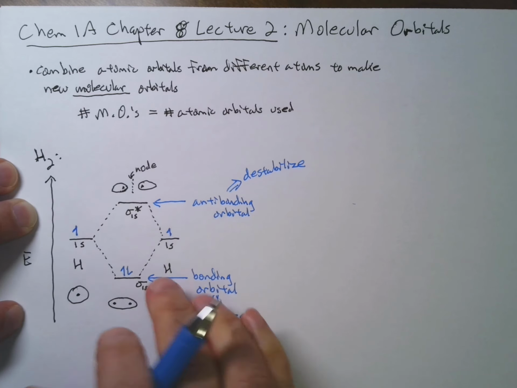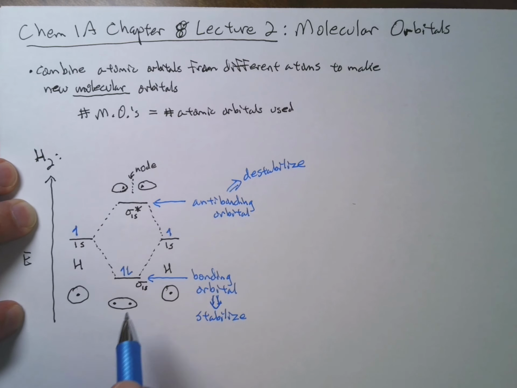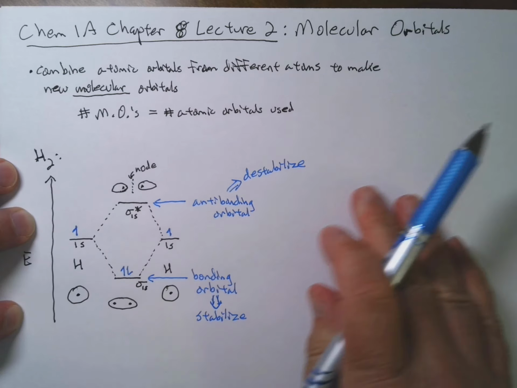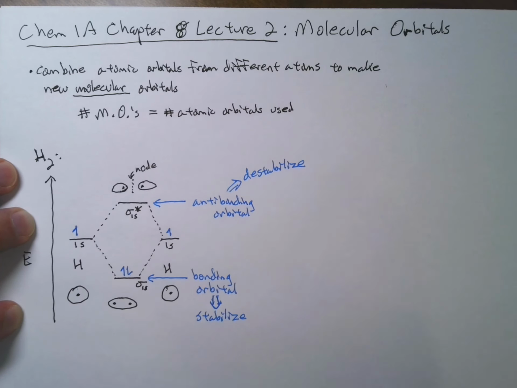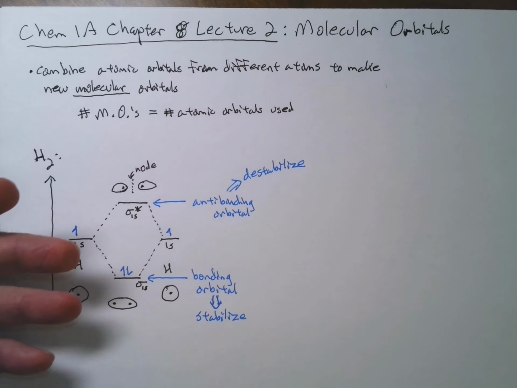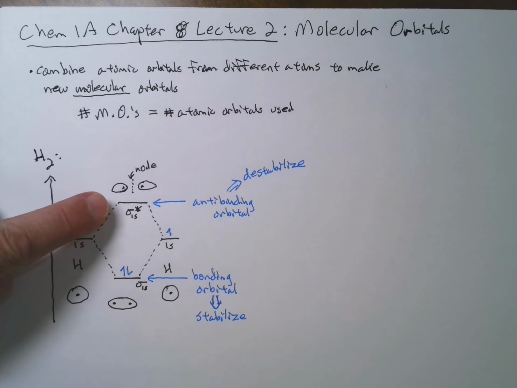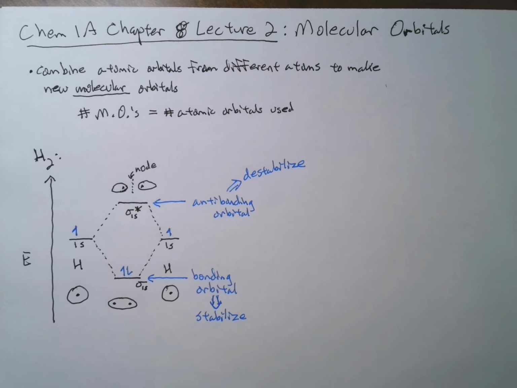And we'll only get the stability of a bonding orbital if we have electrons in the bonding orbital. And we only lose stability, get the destabilization of the antibonding orbital, if we have electrons in the antibonding orbital. So in H2, we can see here that we have 2 electrons in the bonding orbital and none in the antibonding orbital. So that corresponds to a single bond.